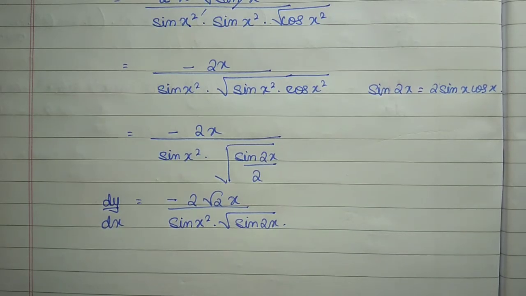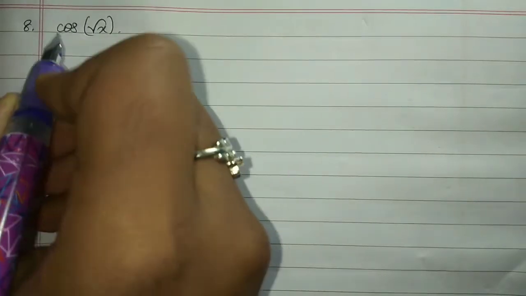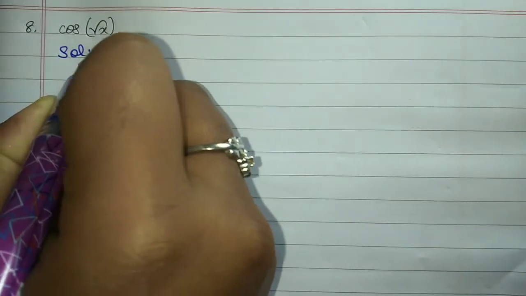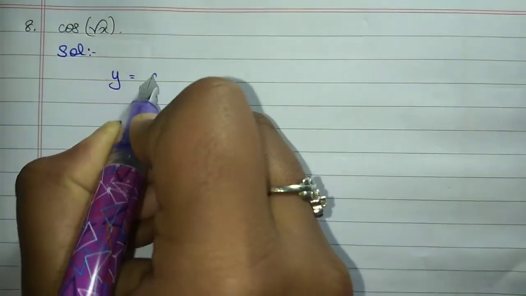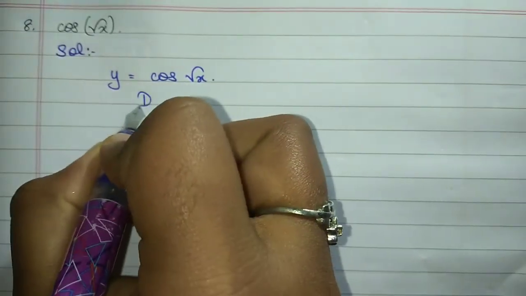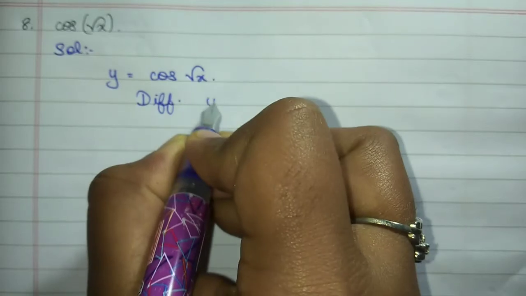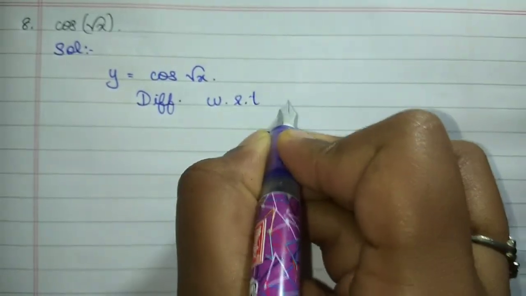That's it. Question 8, a function is given, cos of root x. So solution, so let me write this as y is equal to cos root x. So therefore I will differentiate with respect to x.